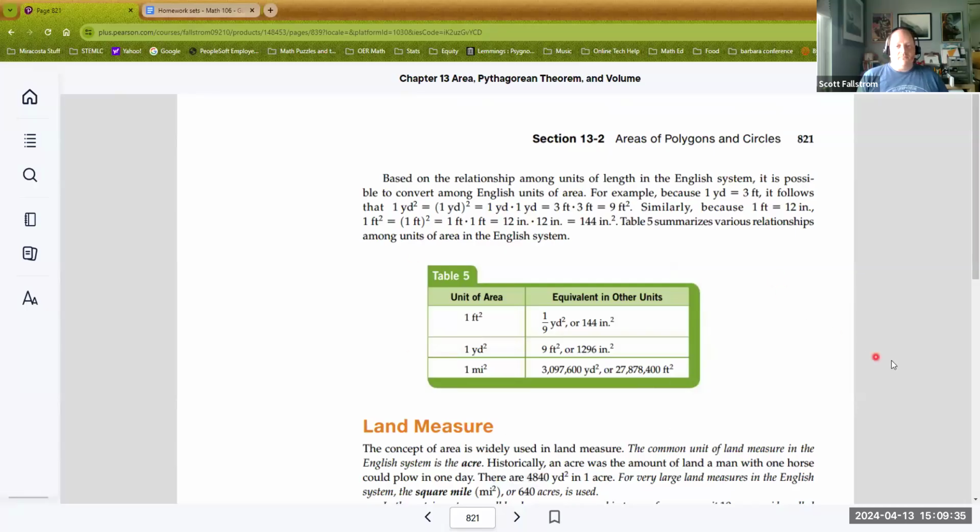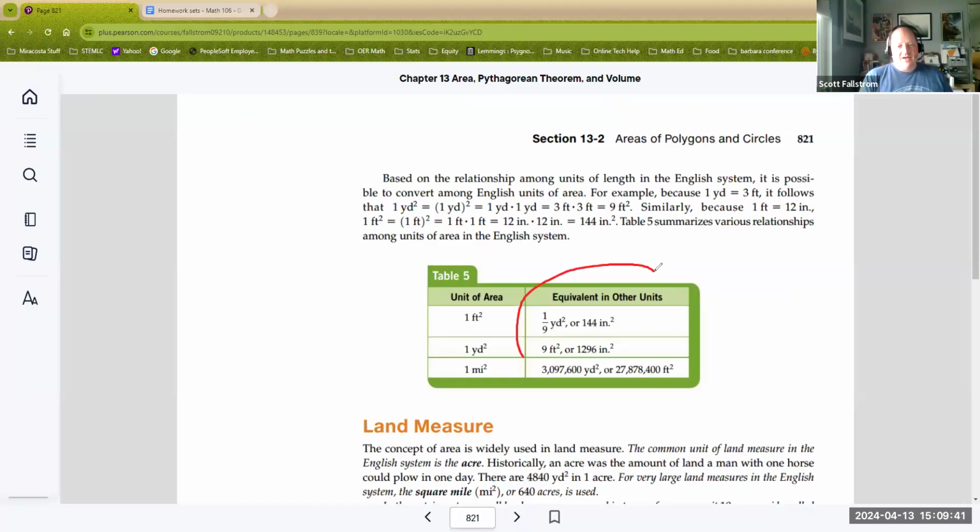Now, we do run into issues in the non-metric system because what you memorized before doesn't seem to work. And I got to tell you, I do not want you to memorize this. Some of you are going to try to do it anyway. Help yourself. But I'm telling you, there is an easier way.